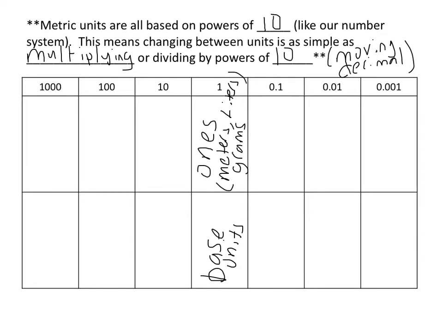Now, if we have 10 of one of these items, so say we have 10 grams, we can regroup that into what is called a decagram. So 1 decagram is 10 grams.